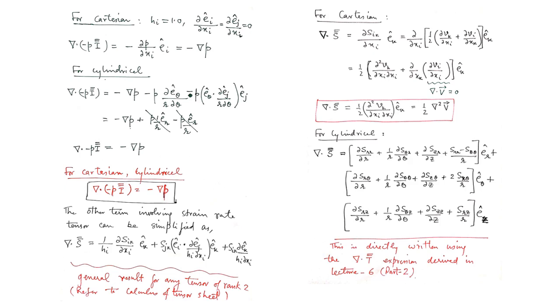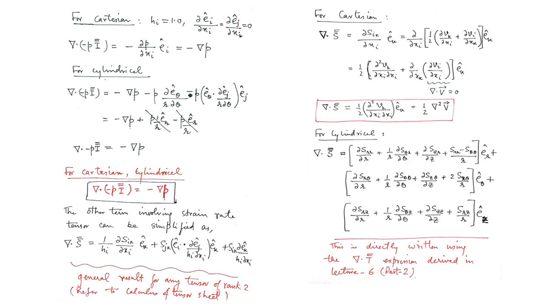So the first term is simply minus p del e theta cap del theta, of course 1 over r is the stretching factor for that coordinate direction, and the second term is minus p e theta cap dot del ej cap del theta with the stretching factor r, and of course multiplied by ej cap.